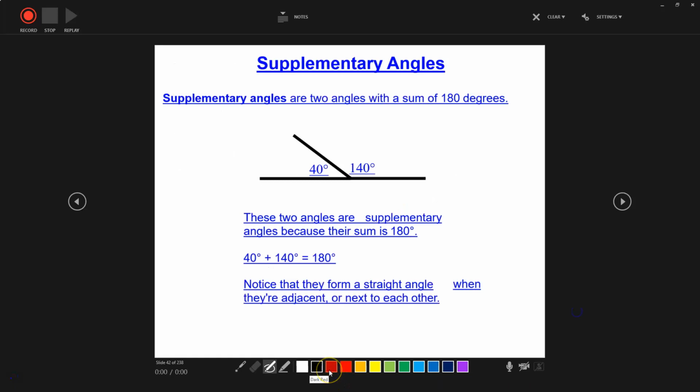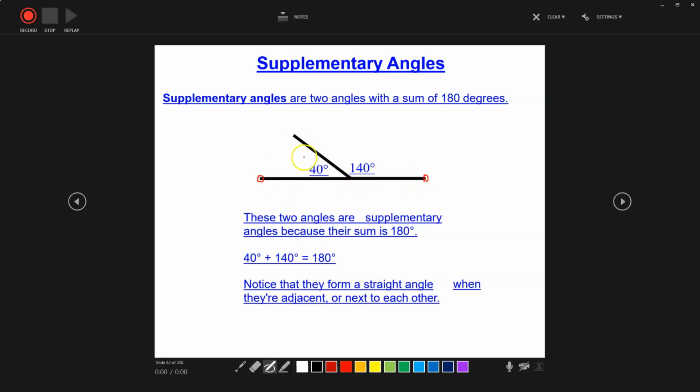So we've taken a look at complementary angles, which are angles that add to 90 degrees. Supplementary angles are angles with a sum of 180 degrees. Now 180 degrees looks like a line from one end to the other. It doesn't look like an angle, but technically that is an angle, and that line is 180 degrees.